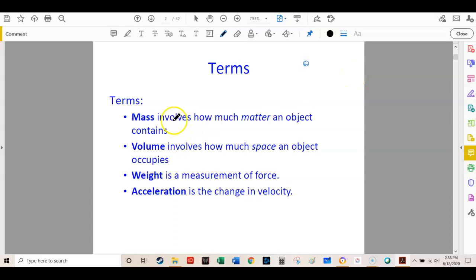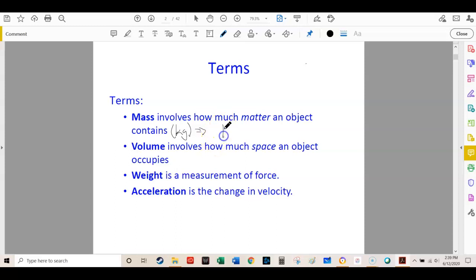So mass is just how much matter an object has, and we are going to be using SI units. So this would be measured in kilograms. For example, if you've ever been to the gym, you've probably seen a barbell plate that says 45 pounds, but also 22.5 kilograms.